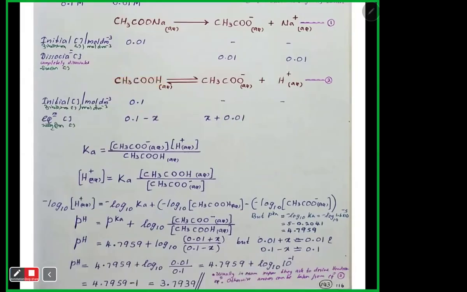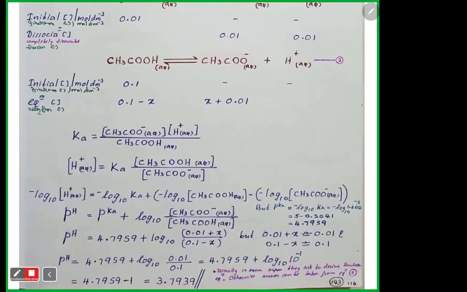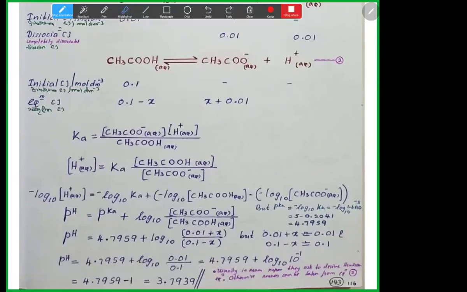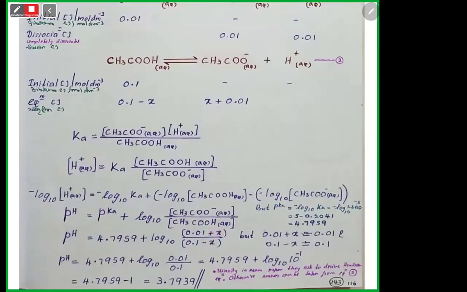So here again, I'm showing how to derive this one. Then once you derive that, pH equals pKa. They gave the Ka value, take the minus log 10 of Ka, that is pKa, you can find that. Then acetate and acid concentrations, but both plus and minus X cancel off. Then the normal way you can find the answer.